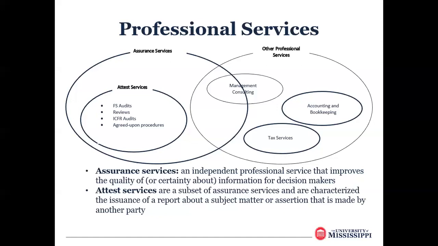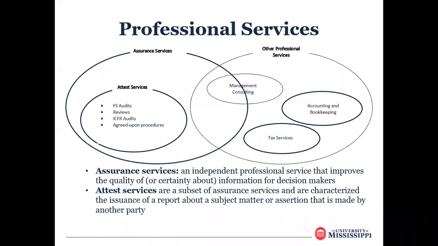And so, for example, risk assessment services, helping companies or organizations assess risk, is a type of assurance service, but not necessarily an attest service. Business performance measurement, helping companies measure their performance or the performance of others, is potentially an assurance service.